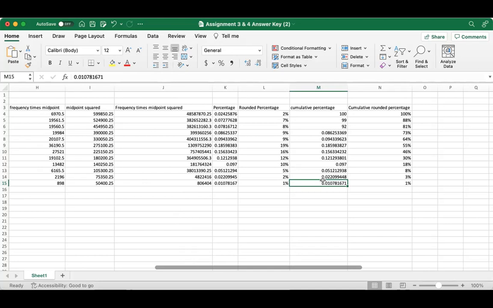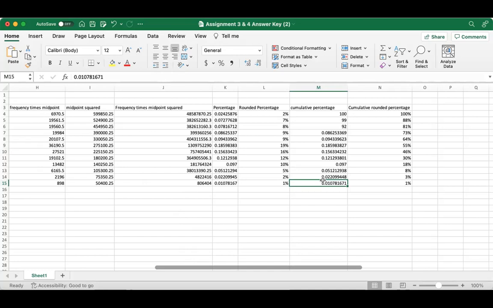Standard deviation, not a big deal. If we do Excel, it's faster. So if we wanted the standard deviation, we could say equals STDEV.P and we go like that.